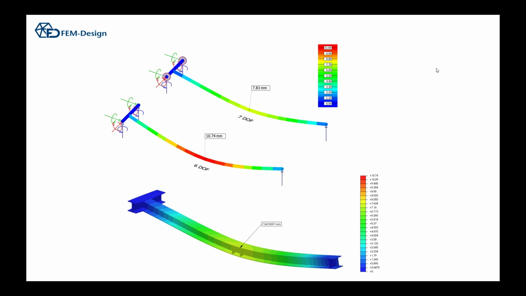So it doesn't have to be a very complex structure to need 7 degrees of freedom, as this example shows. You can see that the 7 degree of freedom beam model is much more realistic in this case.